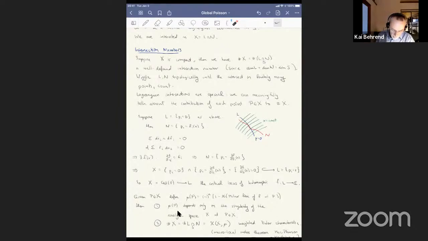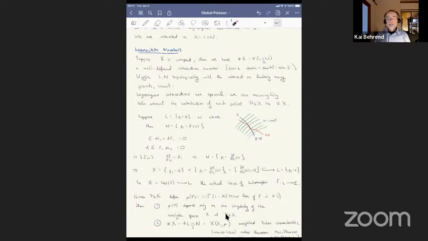And the fact is that this number mu of P only depends on the singularity of the analytic space X at the point P. I'm intersecting these two Lagrangians, and I'm mostly interested in the case where this intersection is really bad and really singular. That's actually the most interesting case for me.